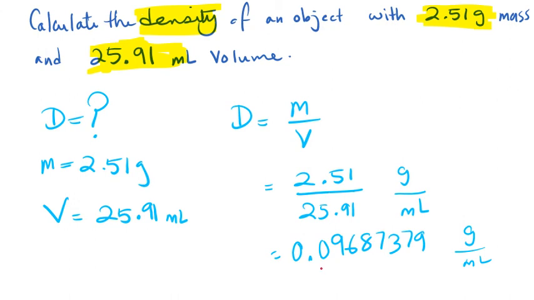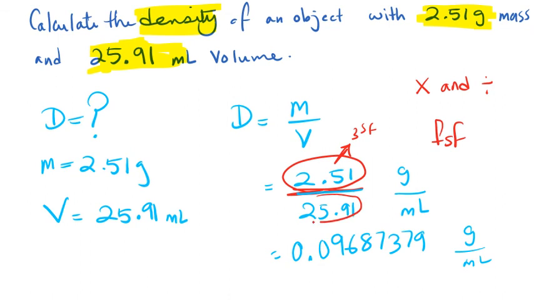We always need to report with the proper significant figures. We have division here. The rule for division and multiplication is the fewest significant figures. We need to count. Here we have 3, here we have 4, so I need to report our answer with 3. We never count zeros at the beginning as significant figures. They start at non-zero digits. So 1, 2, 3. I need to draw a box. Right now we have 3.